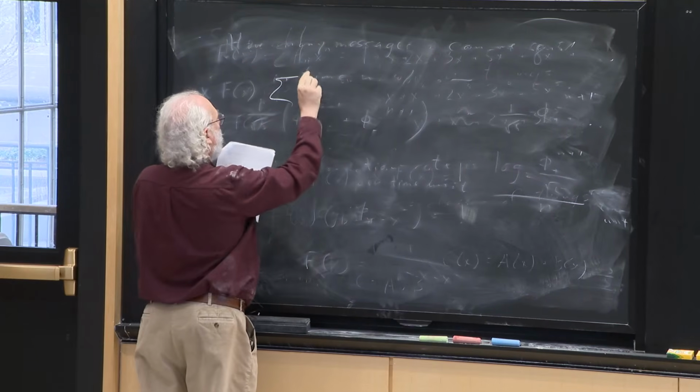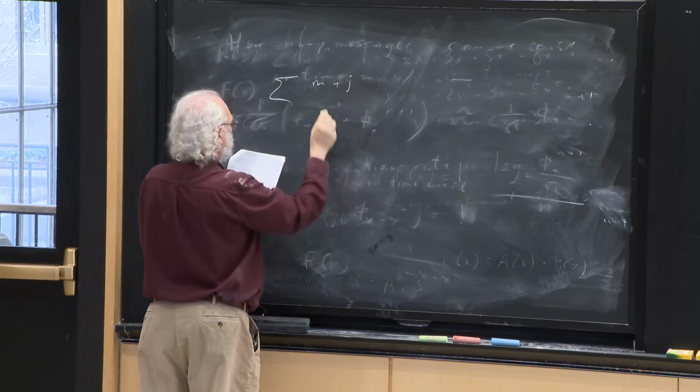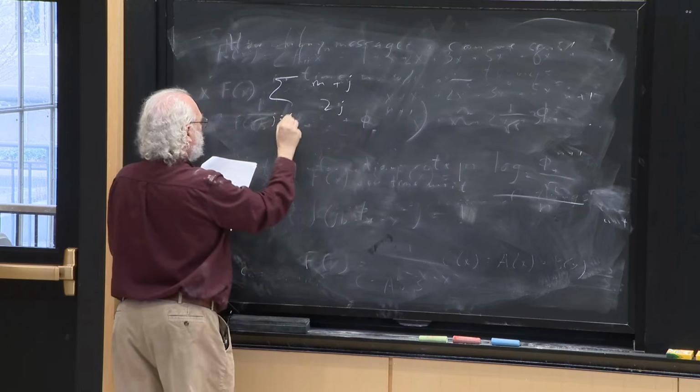So, the summation of m plus j, choose 2j, j equals 0 to m.